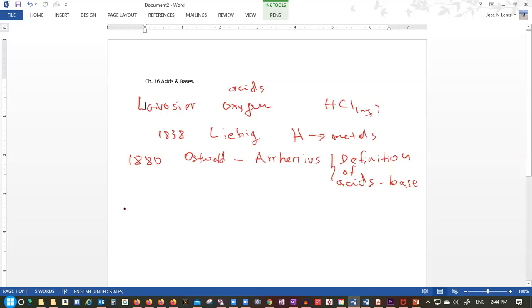We're going to focus more on what Bronsted and Lowry defined. That was around 1923.